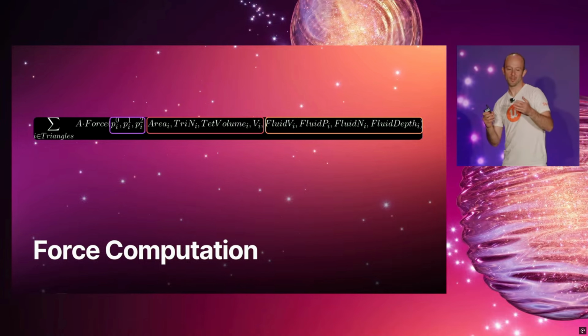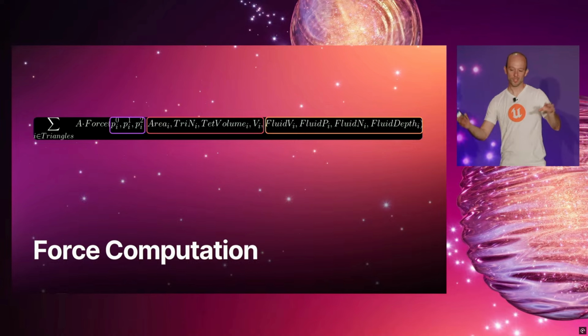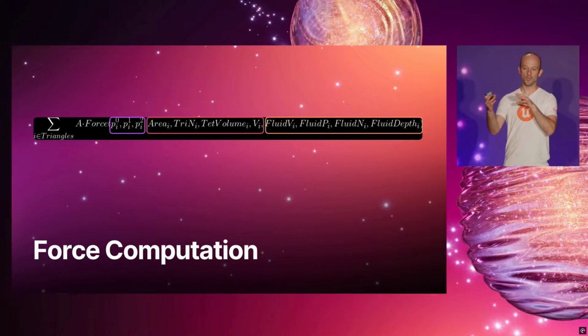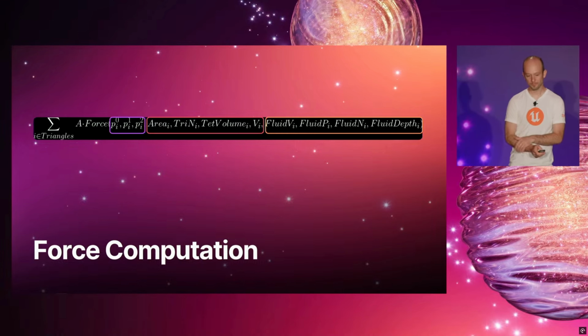So if you have something that is really long and thin, it will behave different than something that's more pancake shaped. We're doing things like computing the volume of that object below the water surface and utilizing the fluid velocity sampled across the entire surface of the object to do a surface integral to get a really accurate representation of how the fluid impacts the object regardless of the shape.